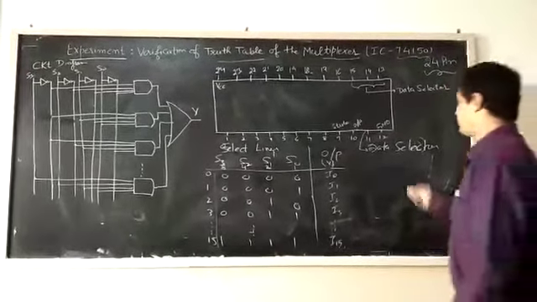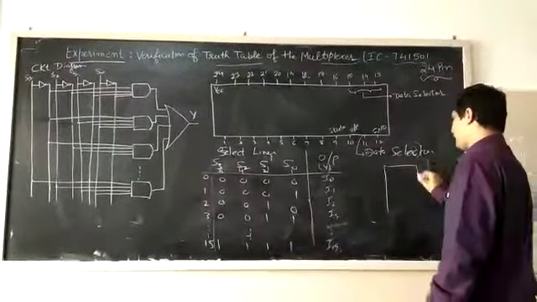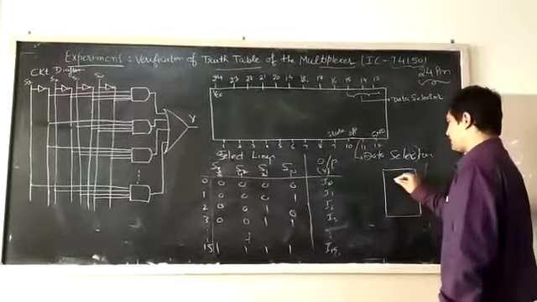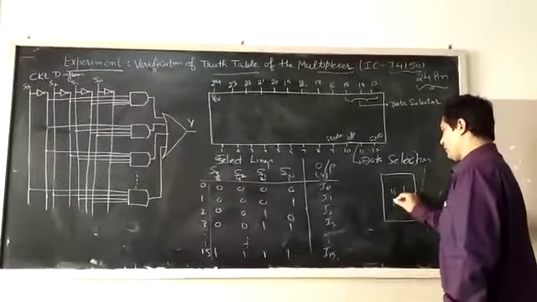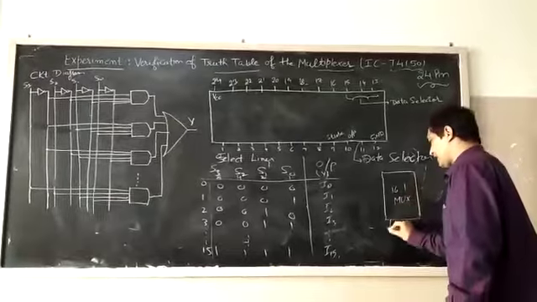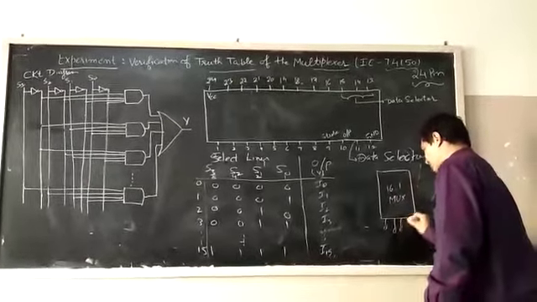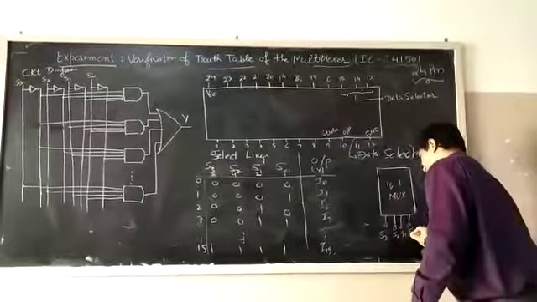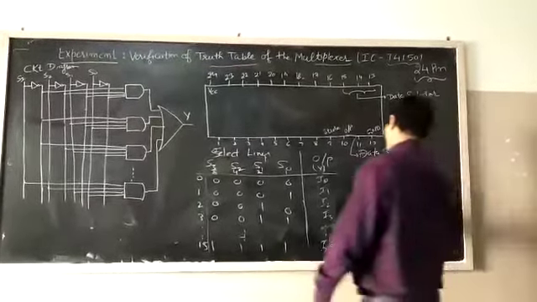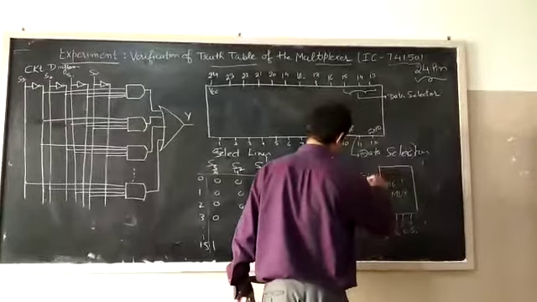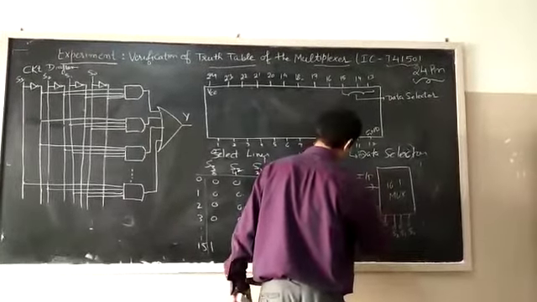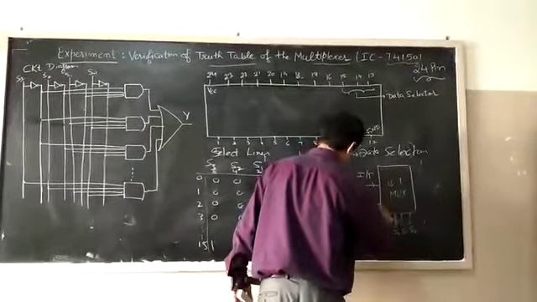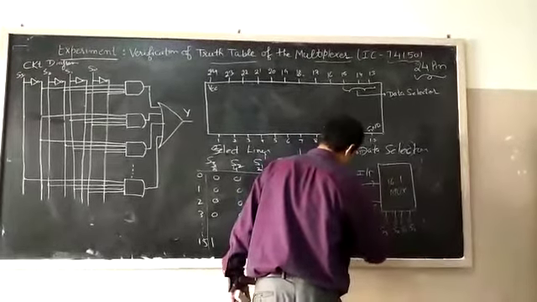We know that this is the block diagram of the 16:1 mux. Select lines are 4: S3, S2, S1, S0. There is one input, and this is the strobe, or we also say it as enable.